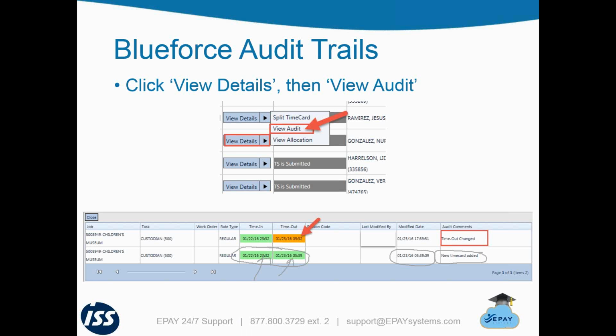Now I'm going to clear my screen, and you'll notice the top line looks a little different. On this top line, you have a time in that is still the same, 23:32 and 23:32, identical. However, the timeout of 5:39 was edited for some reason to 5:32. That's a 7-minute reduction in time for this particular employee.